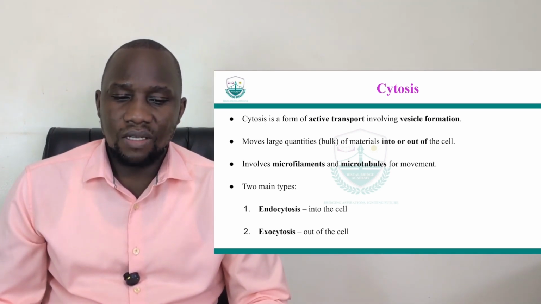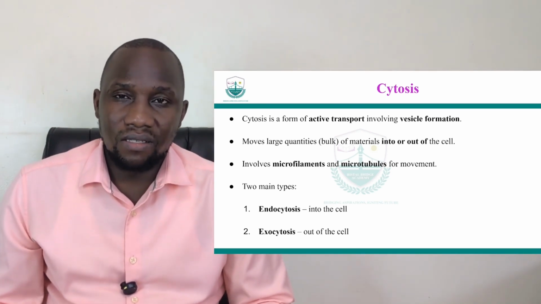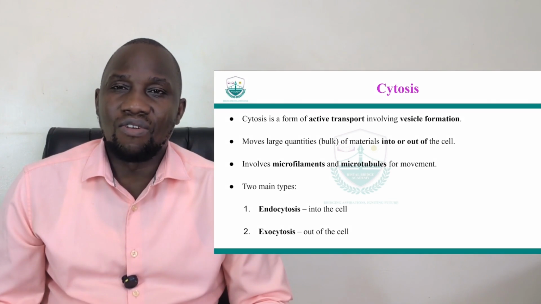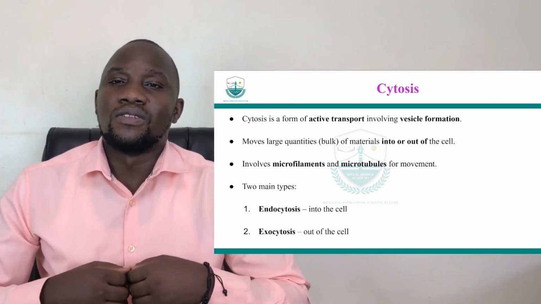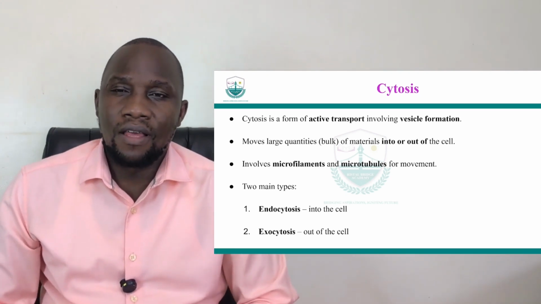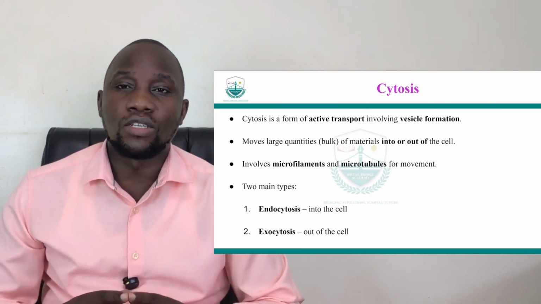So when you have, let us say, waste products in a particular cell, you will have vesicles being formed, and then that vesicle fuses with the cell membrane, and then the contents are released out.